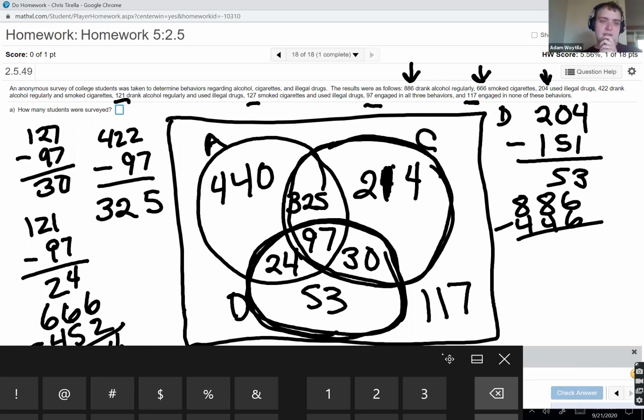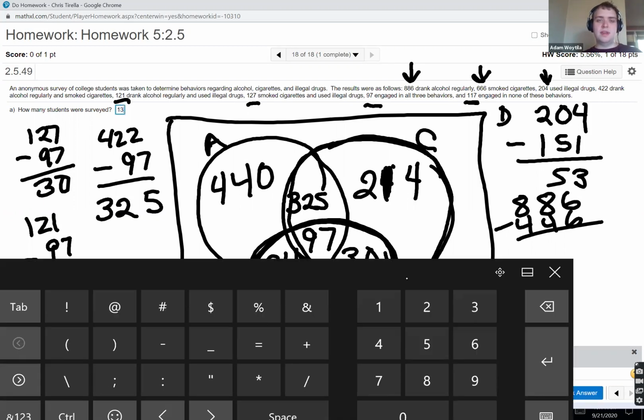Do we count the 117? Yes, everything in the box. So 1,300.